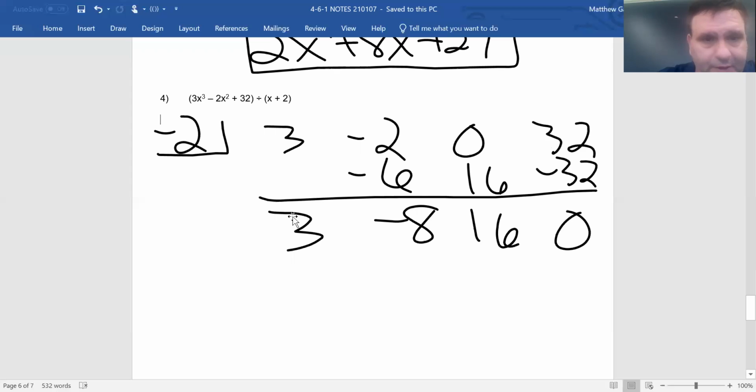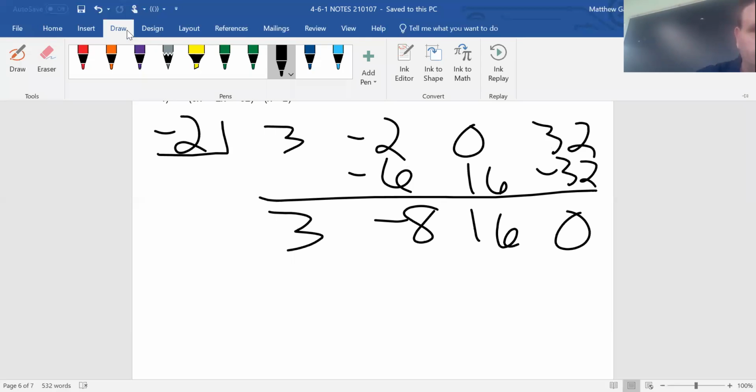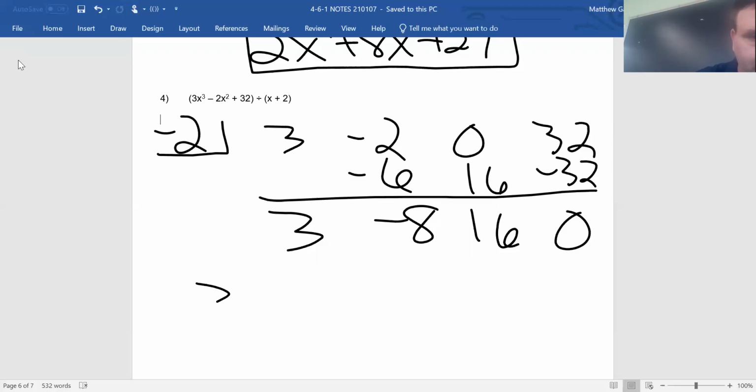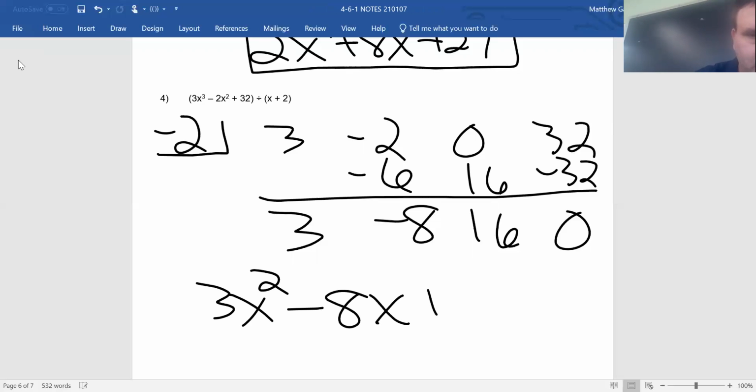So drop the 3, times negative 2 is negative 6. Added to negative 2 is negative 8. Negative 8 times negative 2 is 16. Added to 0 is 16. And then times negative 2 is negative 32. So this should be an easy 10 out of 10 if you're doing it. That's 3x squared minus 8x plus 16.